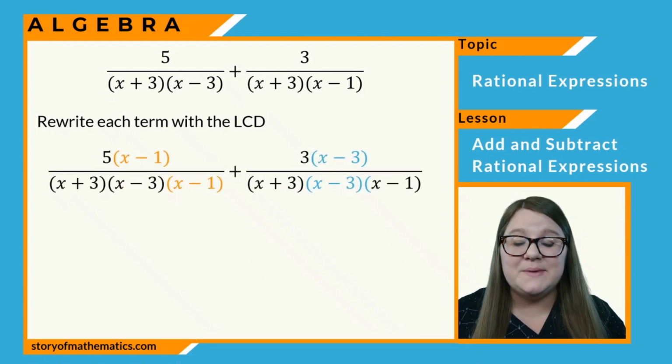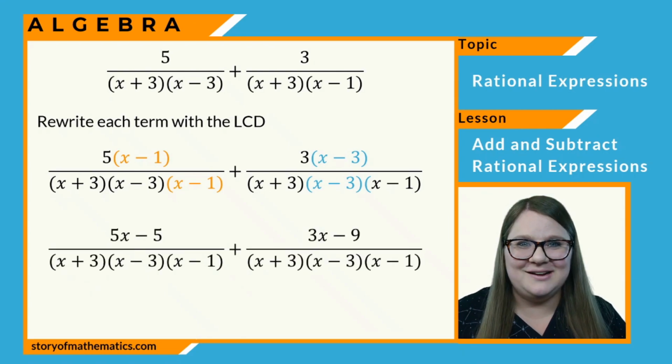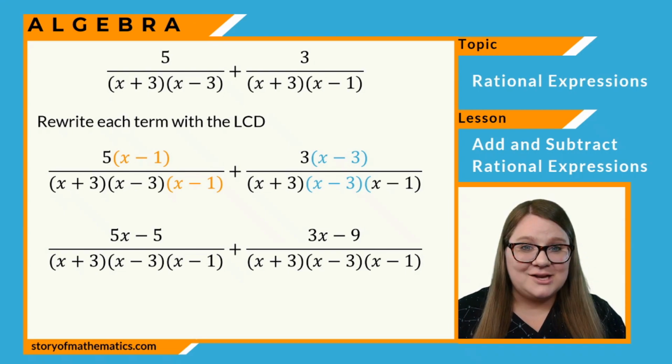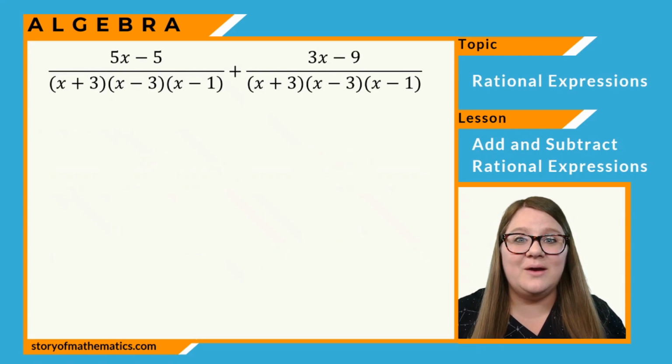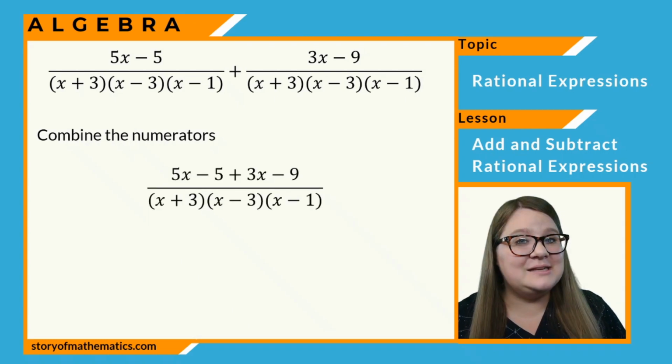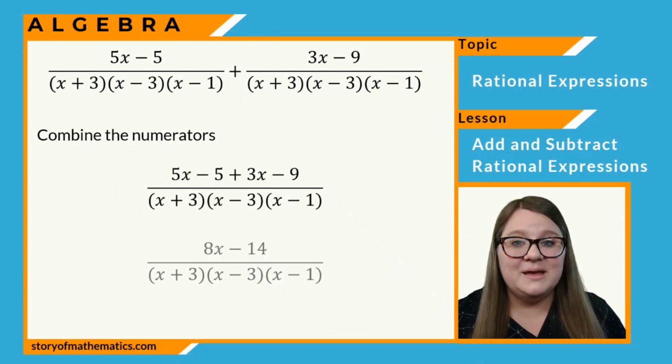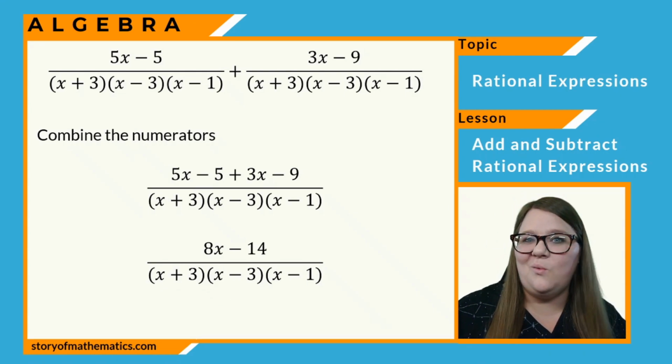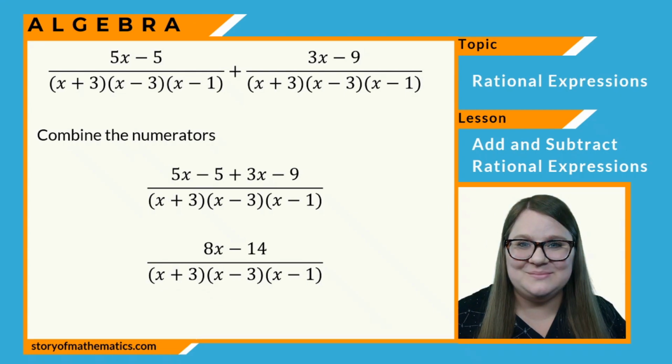Once I do, I'm going to be able to distribute the 5 in the first numerator and the 3 in the second numerator. So now that I have this set up, I have two fractions with the same denominator. I can go ahead and combine the numerators. 5x minus 5 plus 3x minus 9 becomes 8x minus 14 once I have combined like terms.